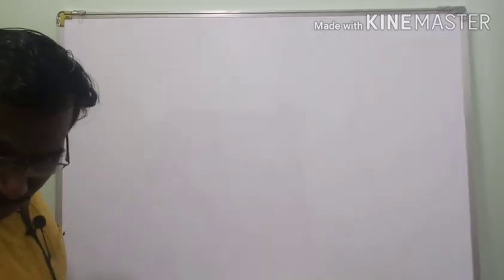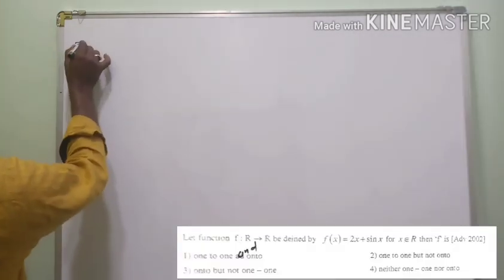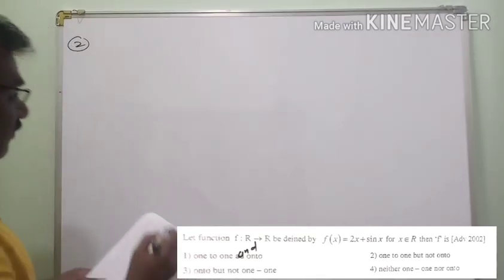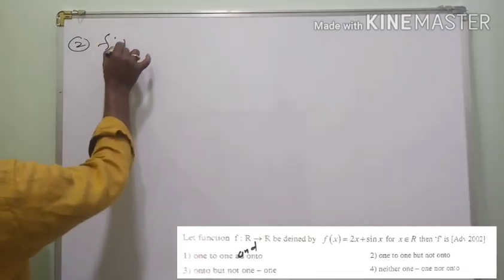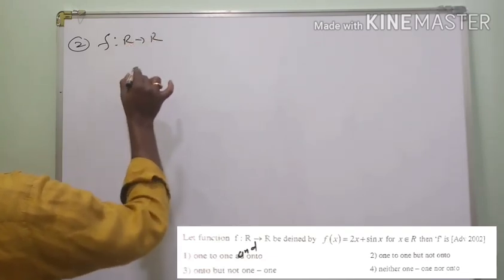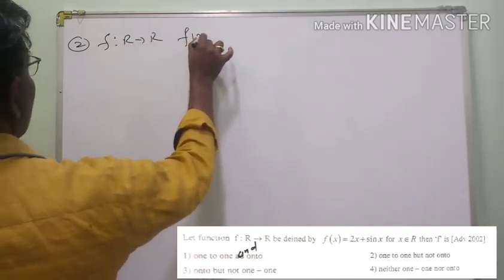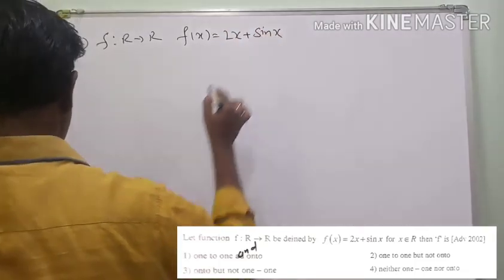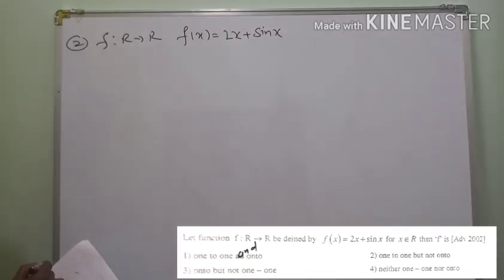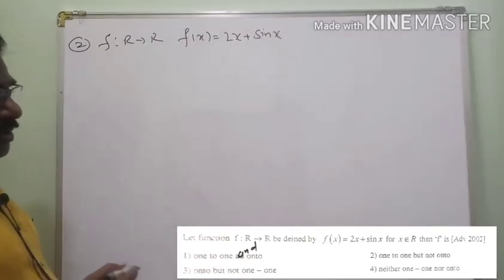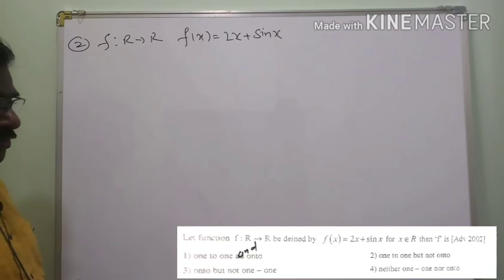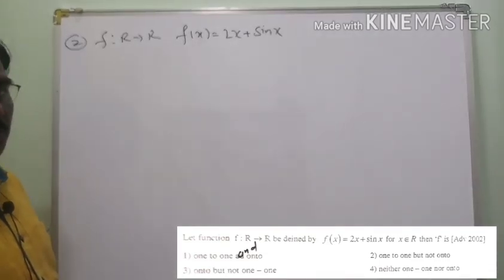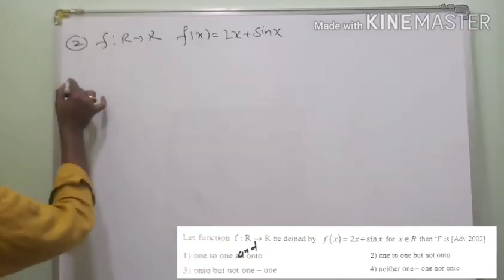Right. Second question, question number 2. Let the function f from R to R be defined by f of x is equal to 2x plus sin x, for all x belongs to R. Then f is: one-one onto, neither one-one nor onto, one-one but not onto, or onto but not one-one. See which option it comes.